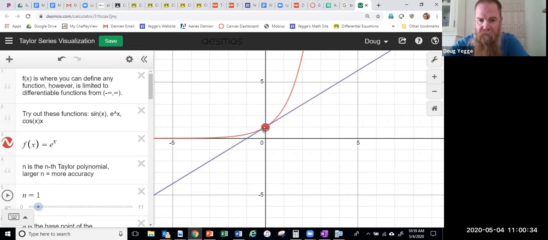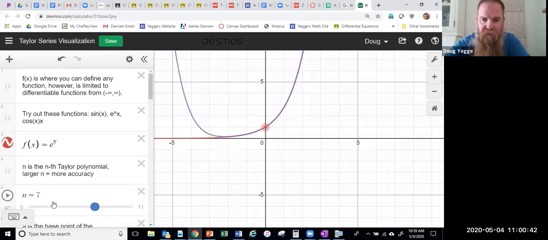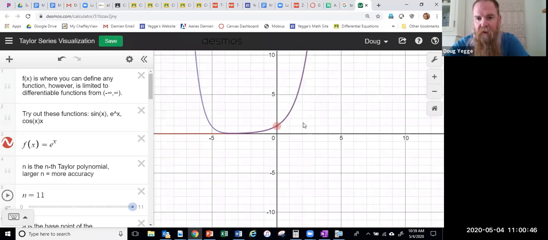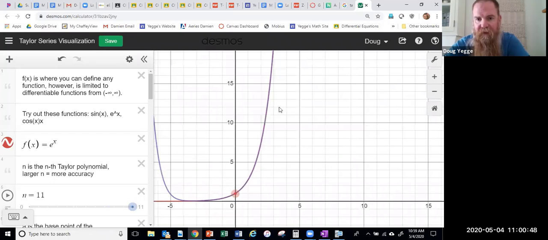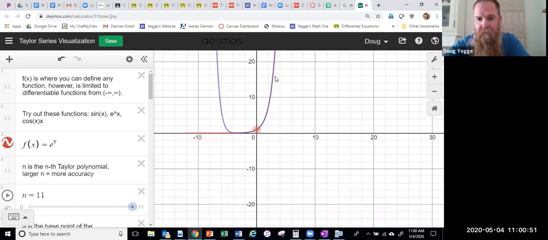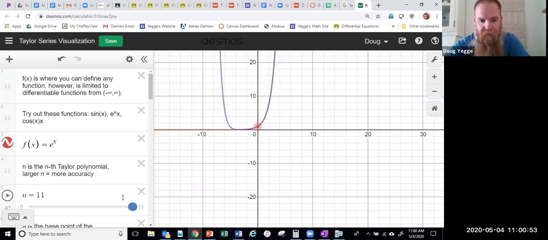Now we're going to see that its second derivative has to equal, and its third derivative, and its fourth derivative, and fifth, and sixth, and seventh. And notice that as we go out to the 11th degree polynomial, look how closely on the left side this seems to be molding to it, and how quickly it molded to it, right?